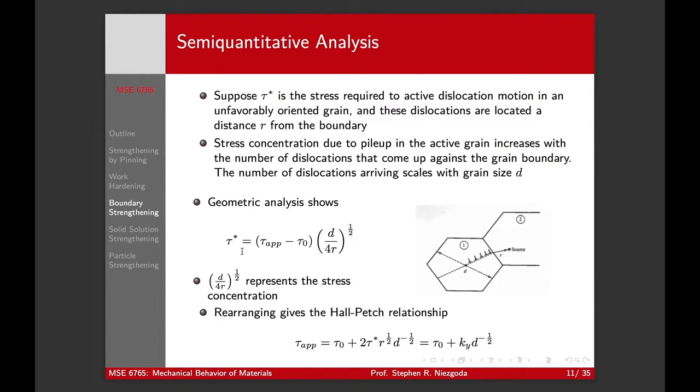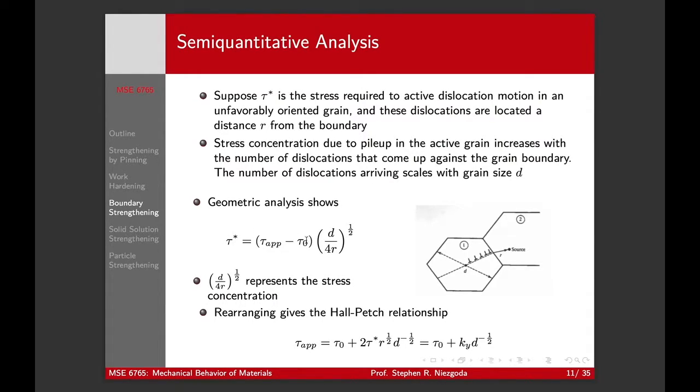And so we said here tau star is the stress required to activate dislocation motion in the other grain. So it's going to be the applied stress minus the yield stress. And then here, this square root of d over 4r is the stress concentration from the pileup, right? So this is the applied stress.